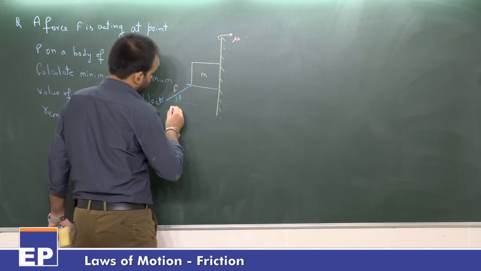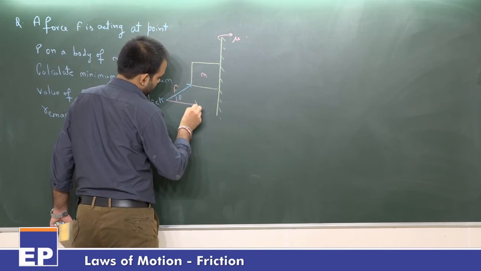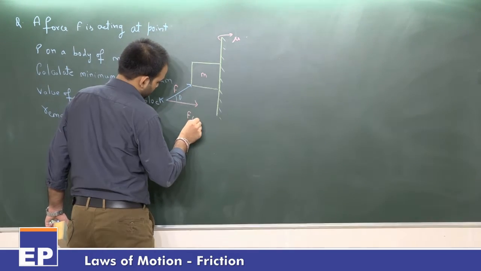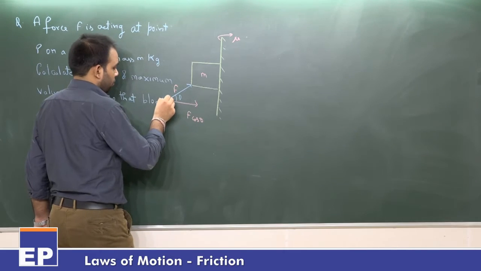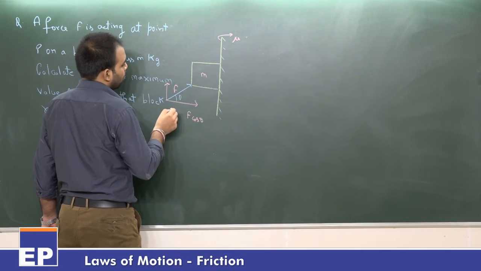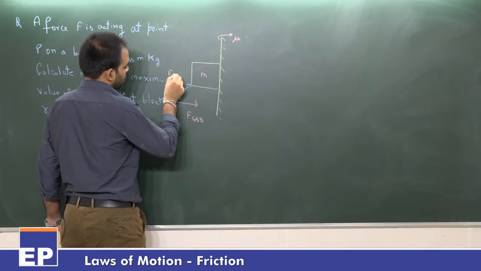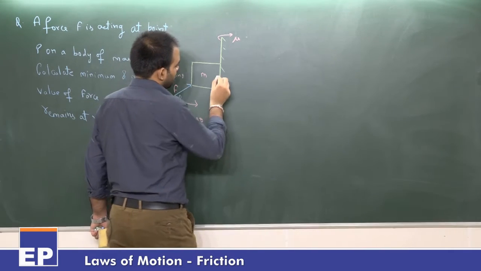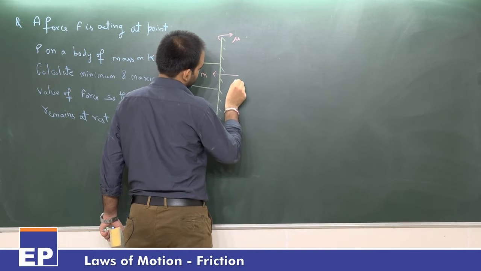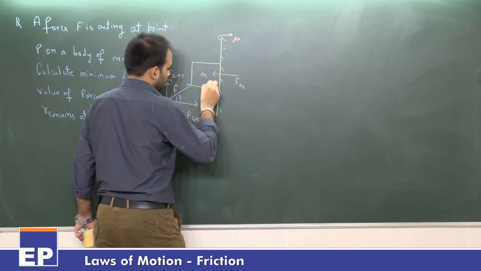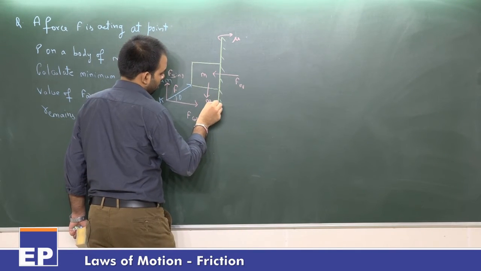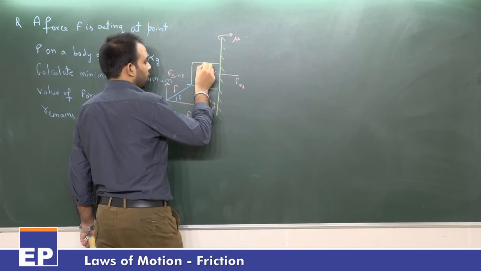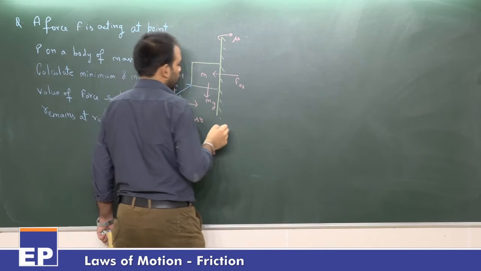The force will have two components. This is F cos theta and this is F sin theta. And normal reaction is acting in this direction. Mg is acting in that direction. And here it has the tendency to move.